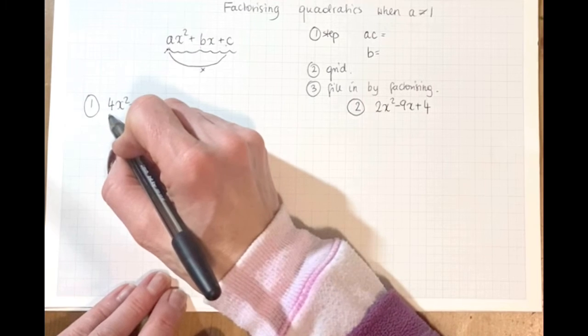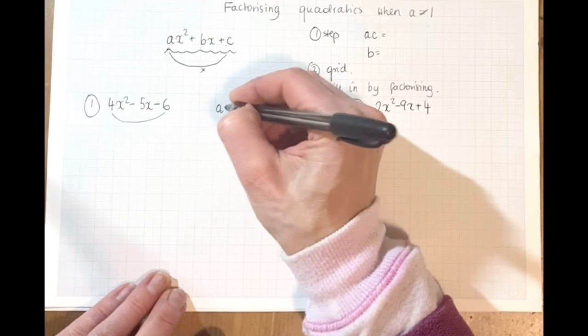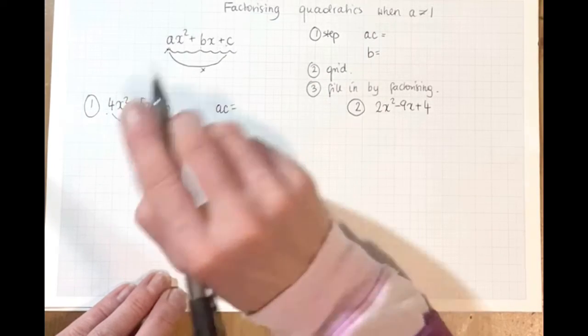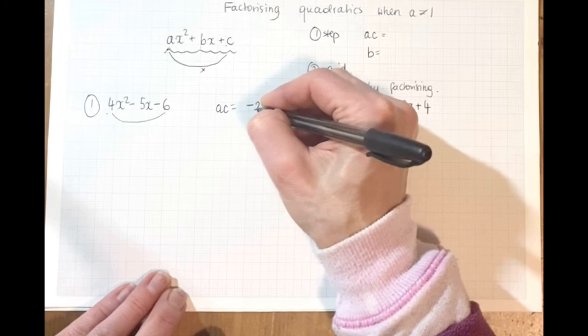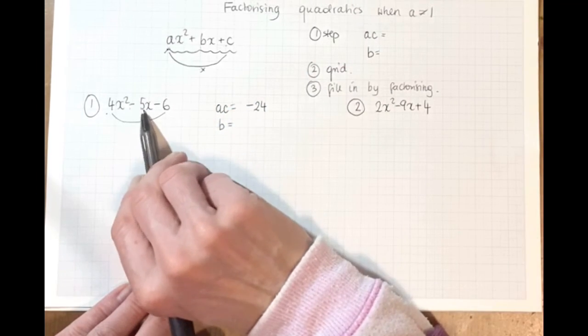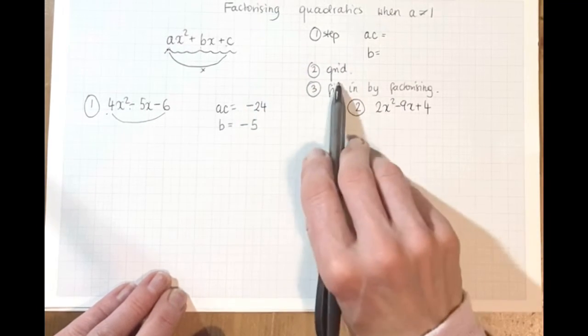So the first thing we're going to do is work out what a times c is. So a multiplied by c is going to be 4 multiplied by minus 6, which is minus 24. And then we're going to write what b is. B is the number in front of x, minus 5. Then we're going to draw a grid.